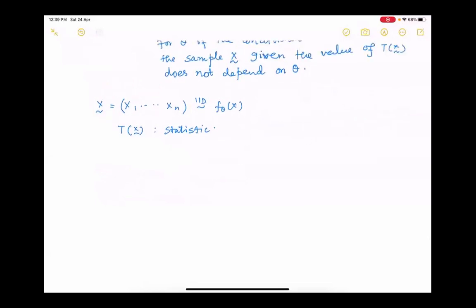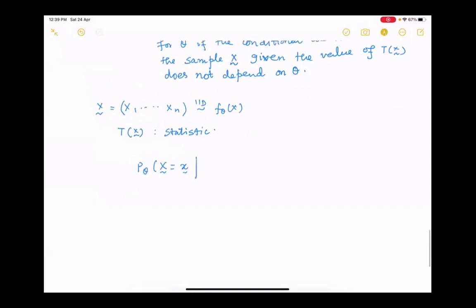Then what the definition is suggesting is that P theta of X tilde equal to small x tilde, given T of X tilde equal to T of small x tilde, this conditional distribution will be phi of theta.